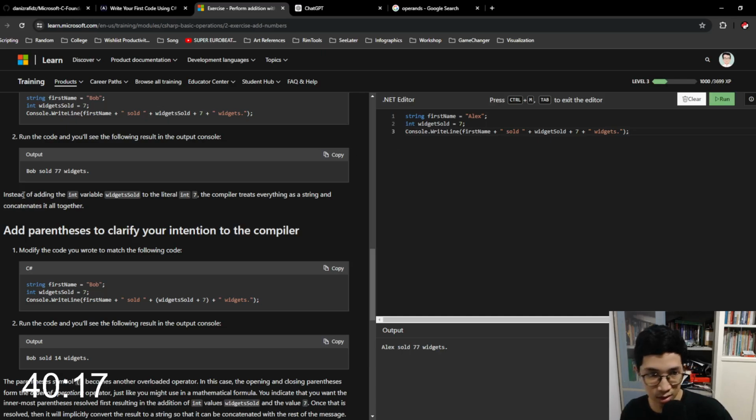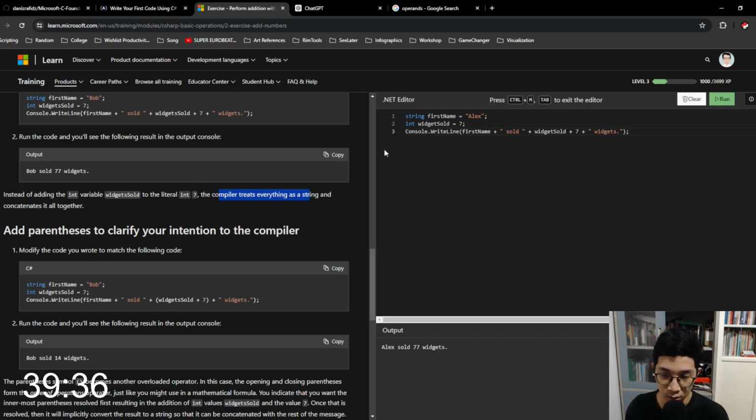In this case, instead of adding the integer variable widget sold to the literal 7, the compiler treats everything as a string and concatenates it all together. See, I have said that this one is a literal string.